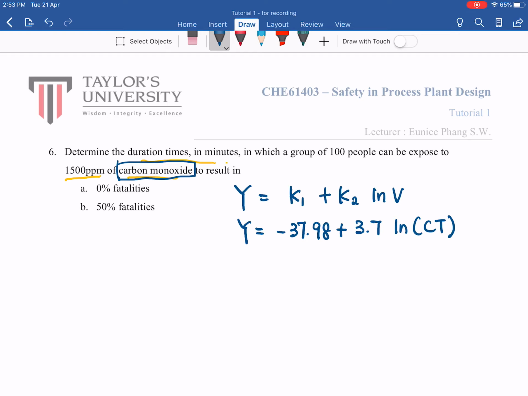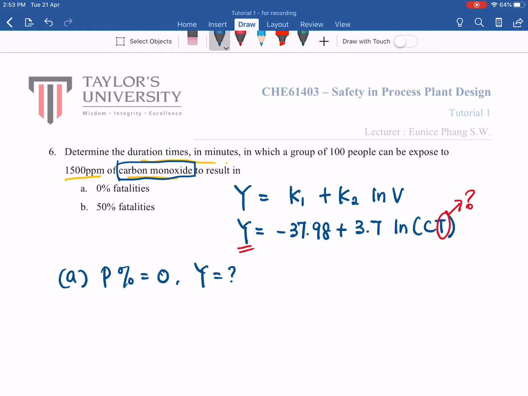Yeah, so what we want to find out here is what is T. So straightforward. So we want to next find out what is our Y value. So for A, when P percentage is at 0, what is Y?